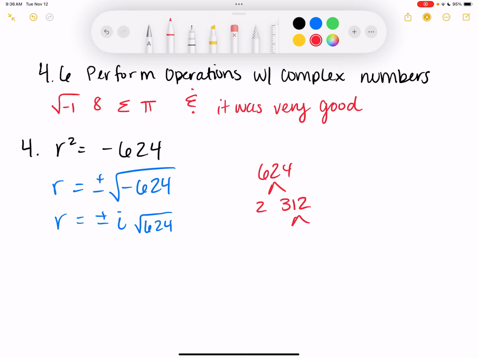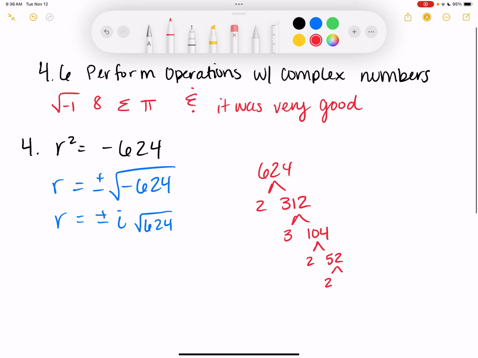Then 2 and 78, and then you could take that into 2 and 52, and break that 52 into 2 and 26.